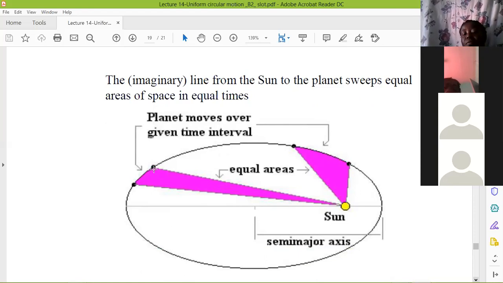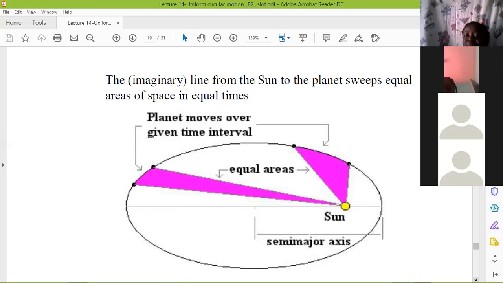If you draw the area between them, you find the area of that triangle. If I say this is point 1 and point 2, the area between those points should be the same as the area I get between another pair of points over an equal time. So if I choose two different intervals, the areas of those two triangles should be equal.